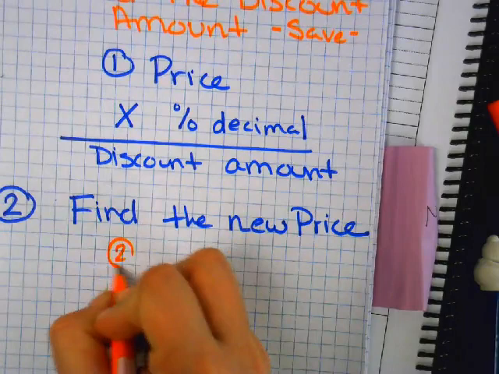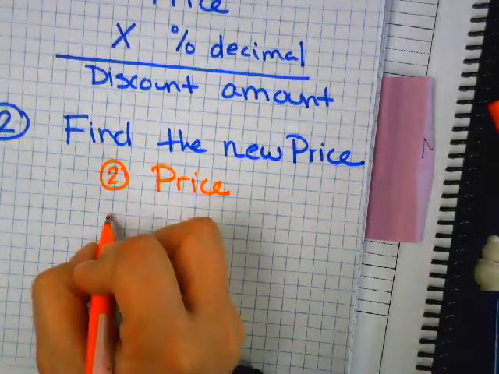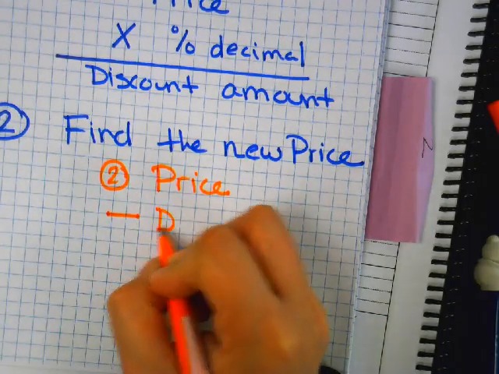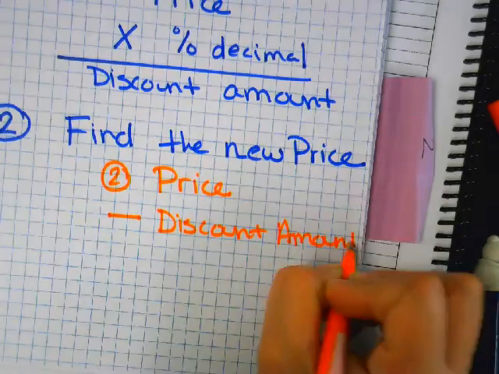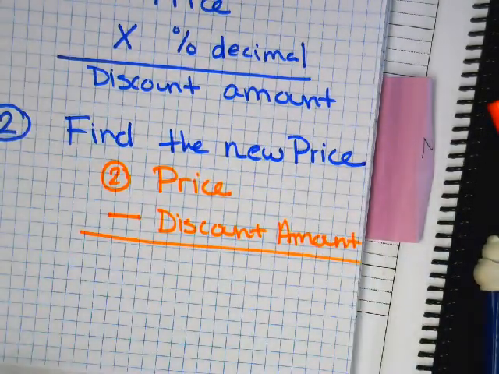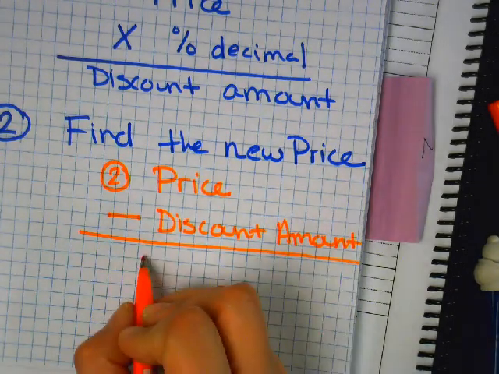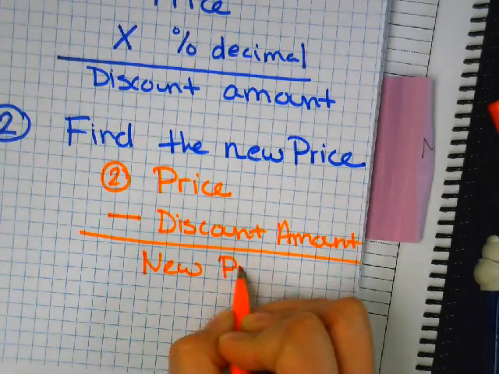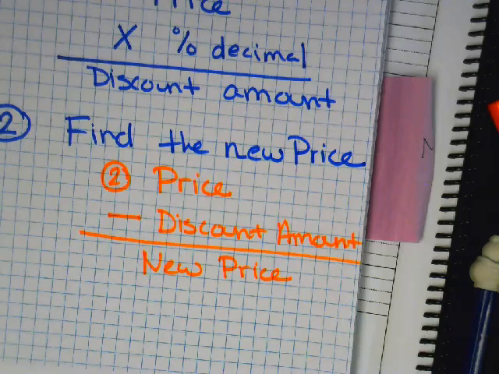My second step is to take your price, or $500, and you're going to subtract your discount amount. So if you're going to save $100, you're going to take away $100. If you're going to save $20, you take away $20. This will give you your new price.